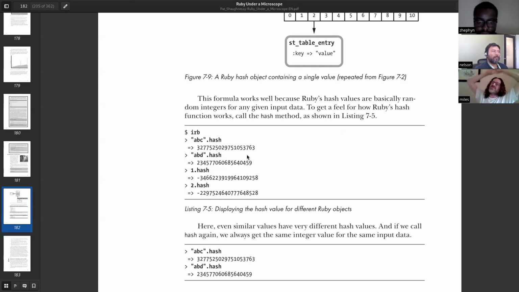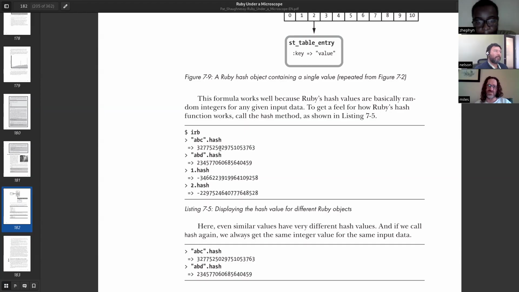Something that I see every once in a while, I see Ruby programmers make this mistake. They'll use this hash as if it's a unique identifier for that object, which is a bad idea for two reasons. One of those reasons is that, as we saw earlier, there can be collisions. So even though collisions aren't good because they hurt performance, they are allowed.